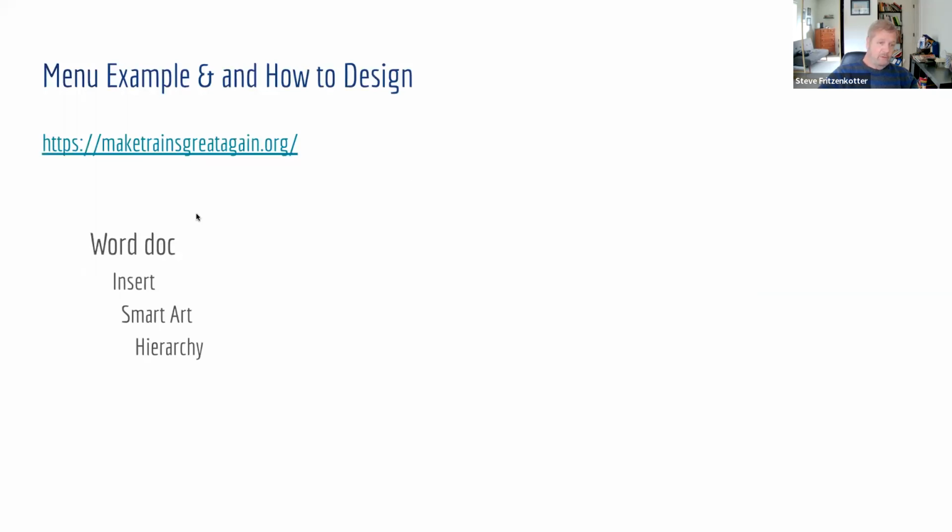And we're going to be looking at a few different websites as examples. I think that's the best way to go over this. And I'm going to show you this path right here. You have a Word doc and you click Insert, SmartArt, and Hierarchy.